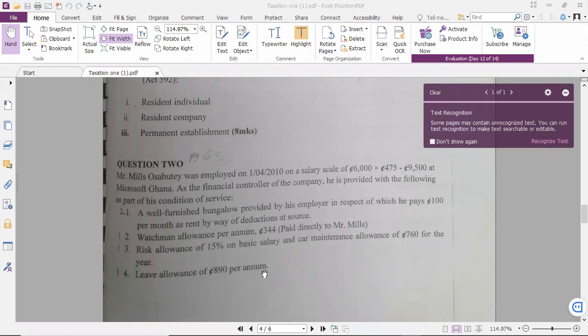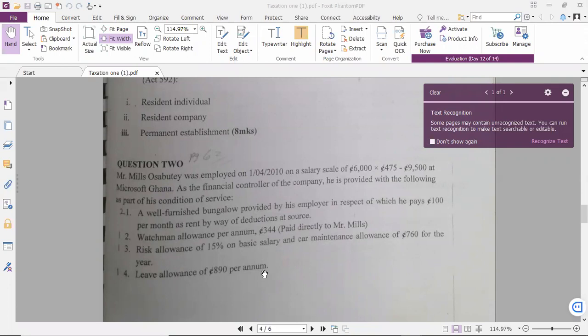As a financial controller of the company, he is provided with the following as part of his conditions of service: a well-furnished bungalow provided by his employer, in respect of which he pays 100 per month as rent by way of deductions at source. Watchman allowance directly paid to him, risk allowance of 15% on basic salary, and car maintenance allowance of 760 for the year.